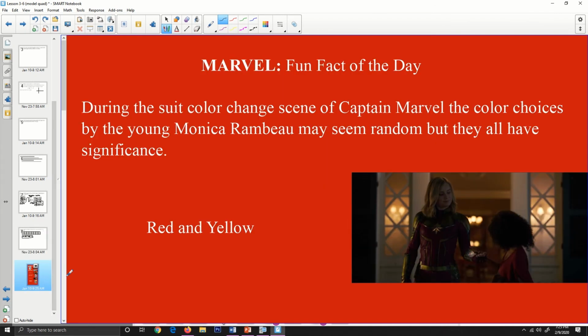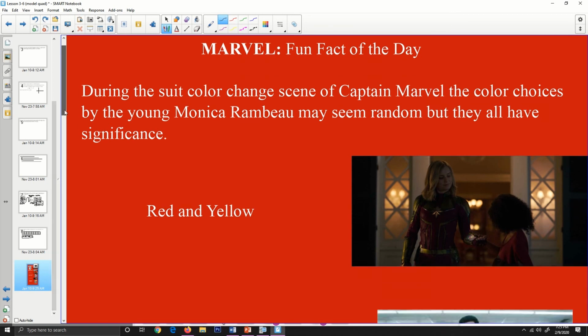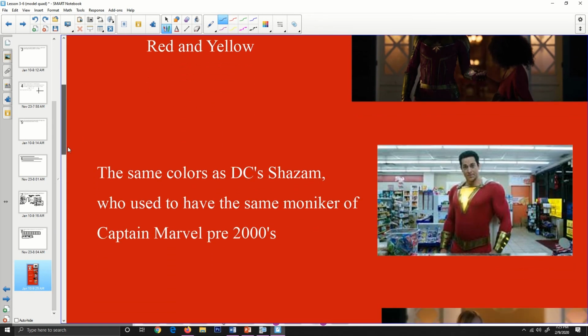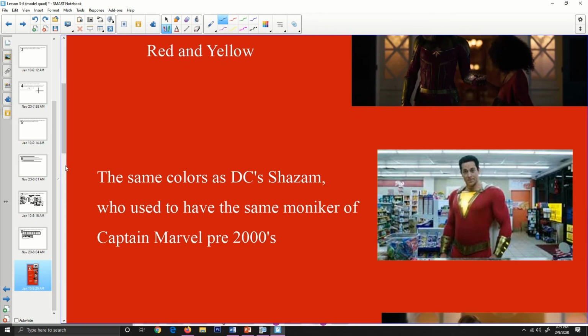Today's Marvel fun fact of the day: during the suit color change scene of Captain Marvel, the color choices by the young Monica Rambeau may seem random, but they all have a different significance. The red and yellow she first picked are the same colors as DC's Shazam, who used to have the same moniker of Captain Marvel pre-2000s.